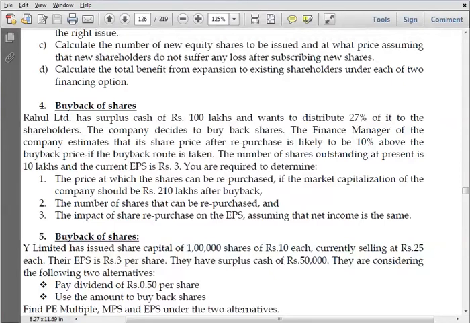Point number 1, the company has surplus cash of 100 lakhs and wants to distribute 27% of the same.